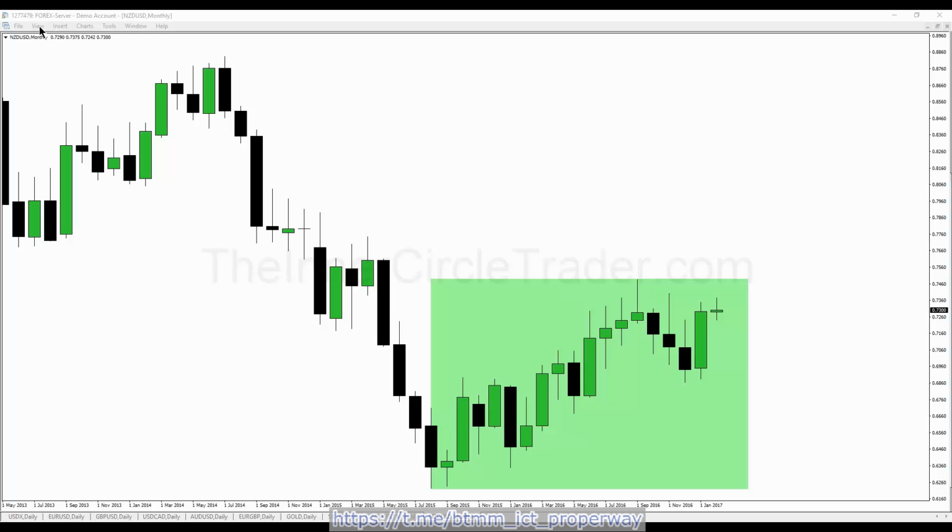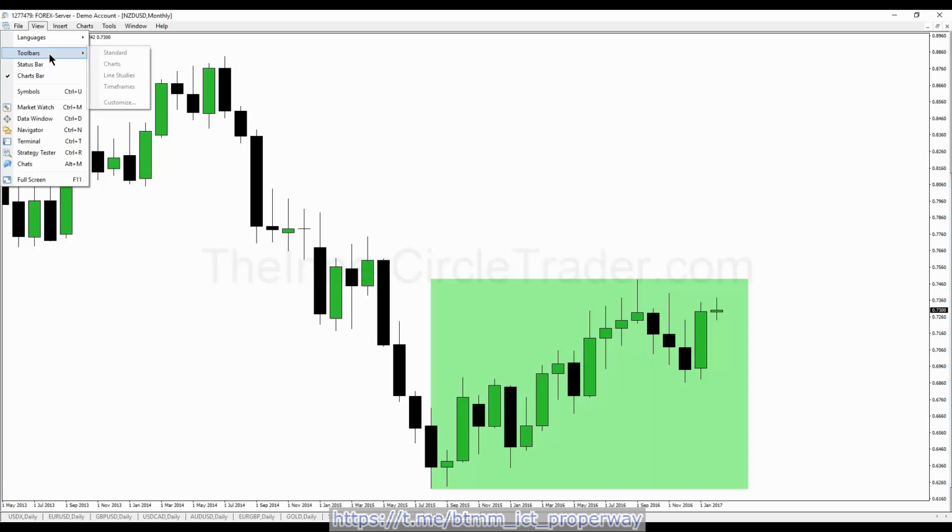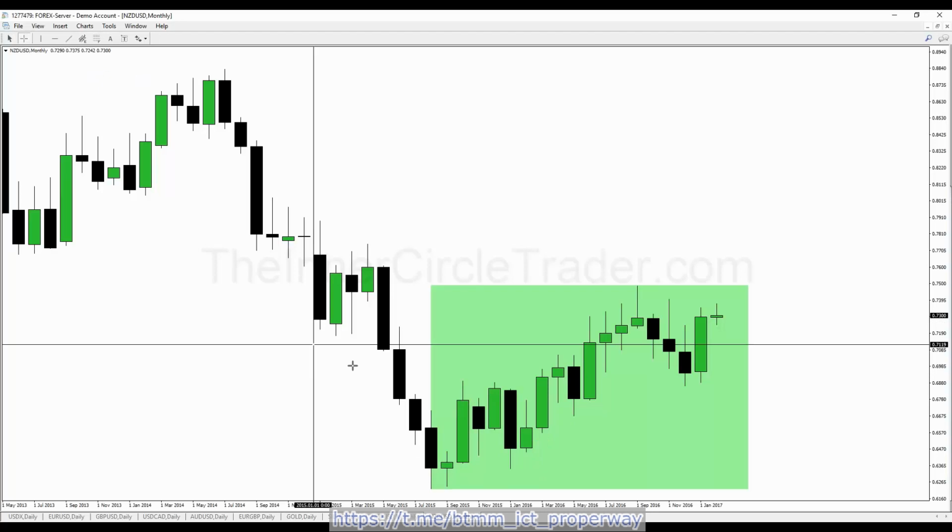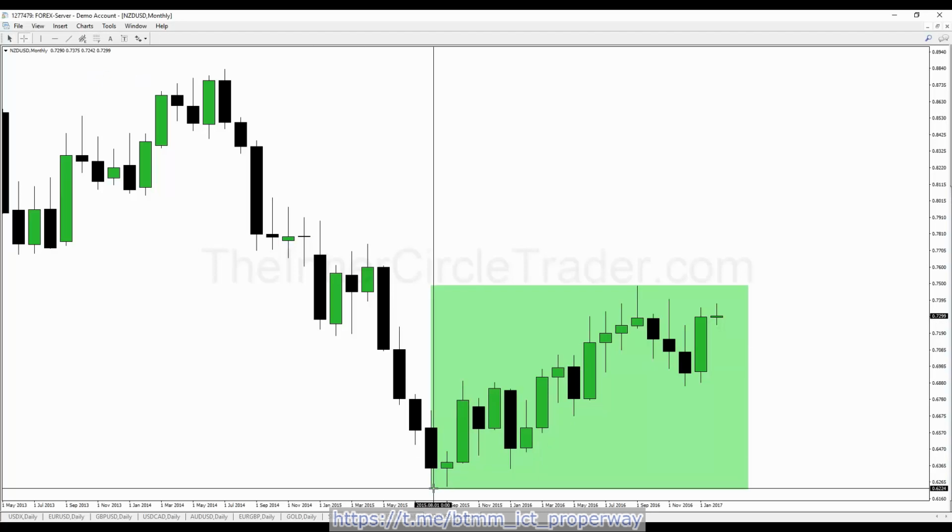Between the two, we had a range of about 1,260 pips. So 1,260 pips of a total range for the New Zealand dollar versus the dollar index.